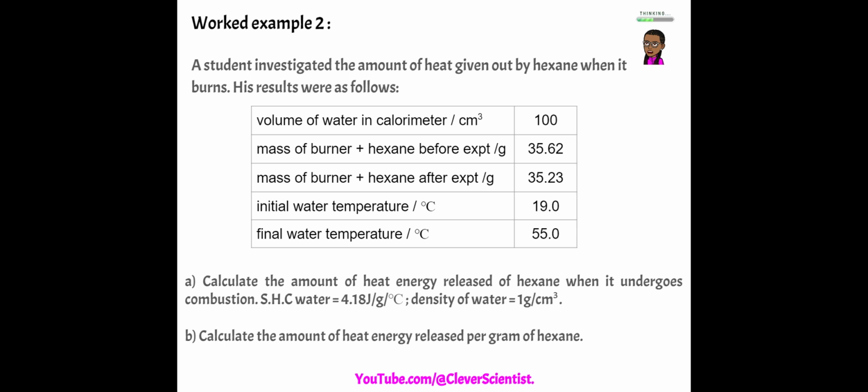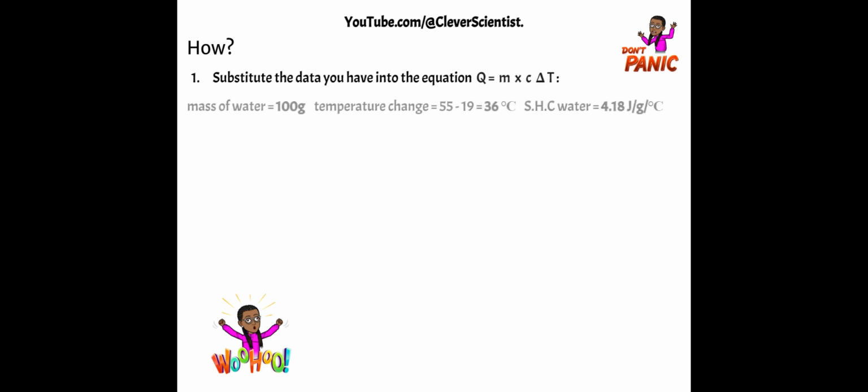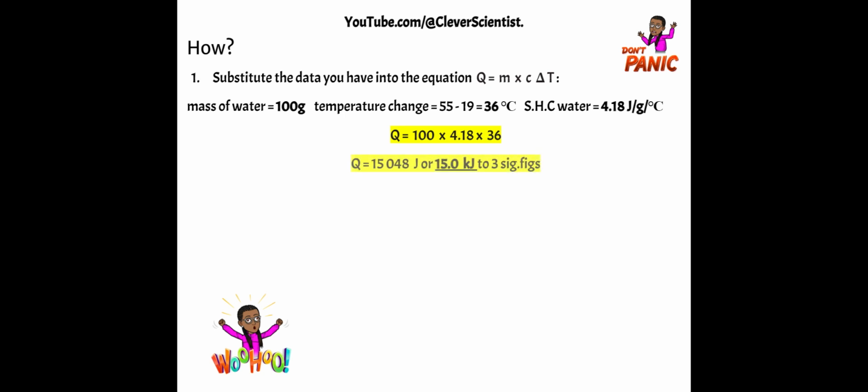Next, we're going to calculate the amount of heat energy released per gram of hexane. So let's do this. We're going to substitute the data that we've got in our table into the equation. So the mass of water is 100 grams, the temperature change, we work it out to be 36 degrees C, and we're told the value for the specific heat capacity of water.